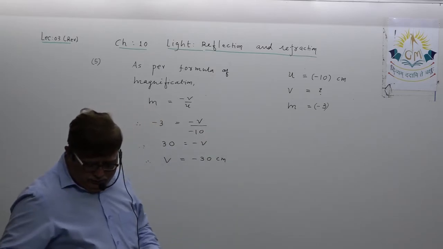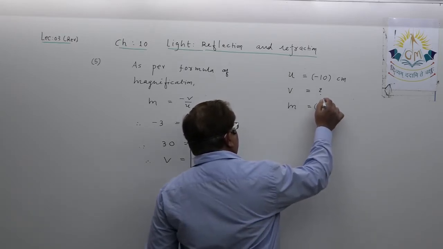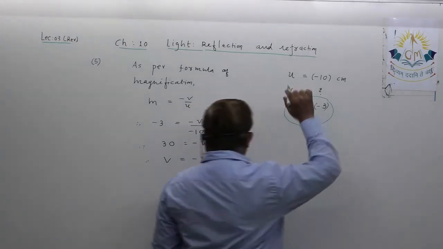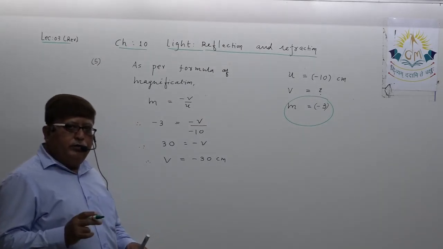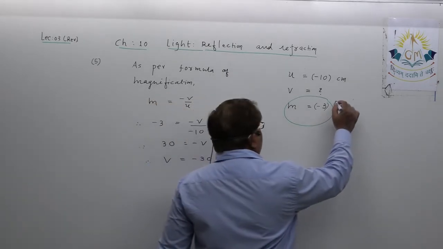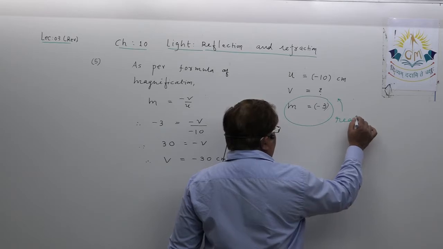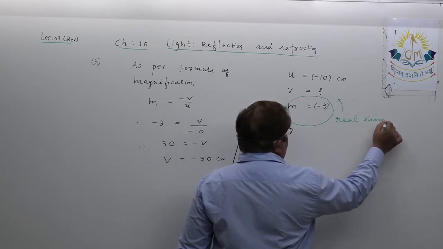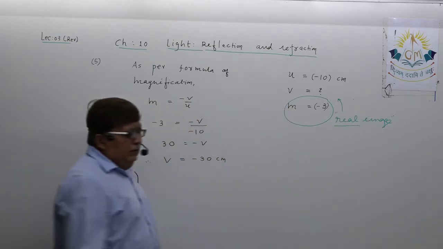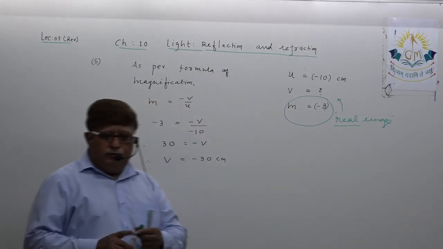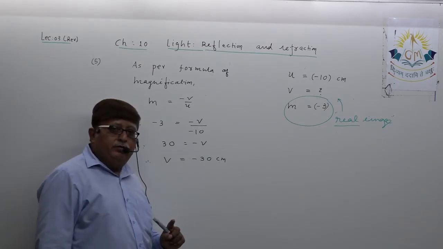If, dear student, you have made a little mistake here, the whole example is going to be wrong, because of some of the important words you catch: there is written real image, and this particular word is sufficient to suggest that you have to take M as negative.